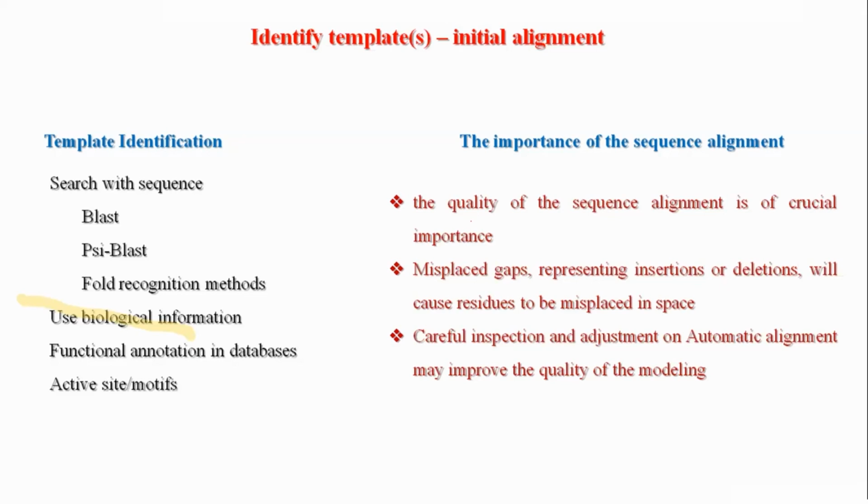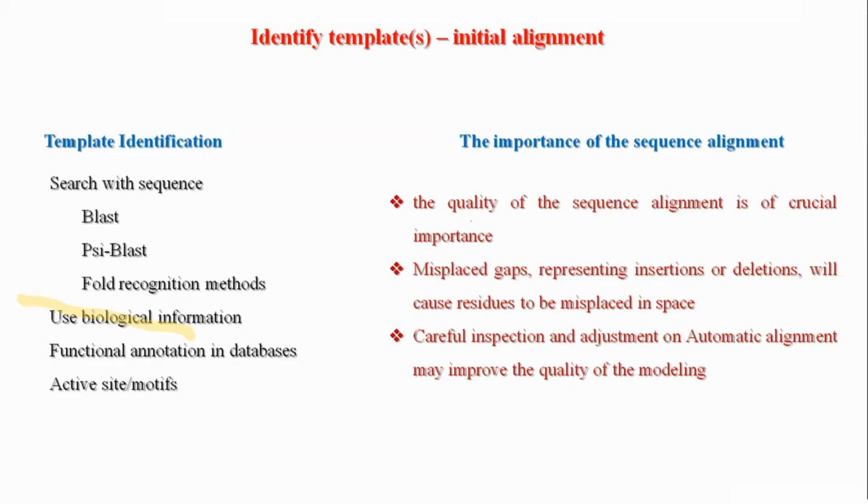And how are we selecting the template structure? For identifying the homolog structure from the databases, we need the sequence, and we'll search against the database of structures. This can be done using BLAST, which you might be familiar with, nothing but Basic Local Alignment Search Tool.